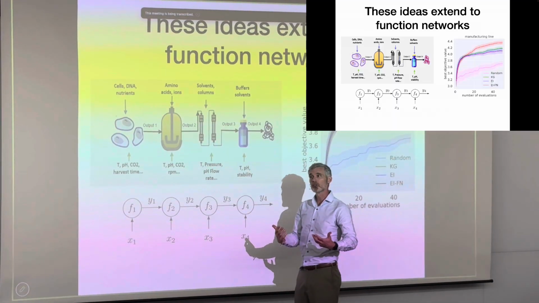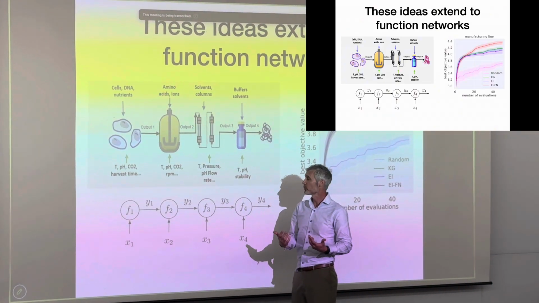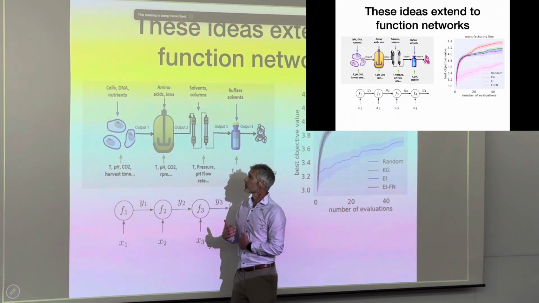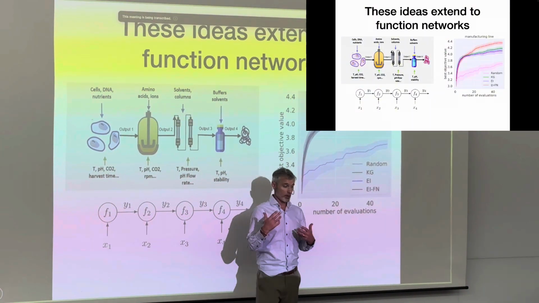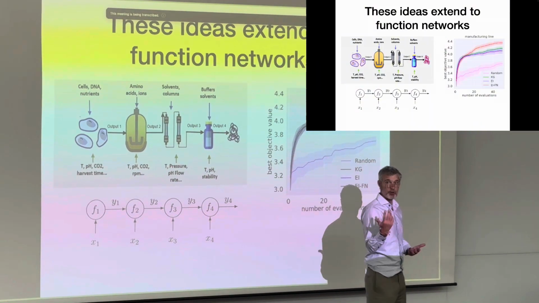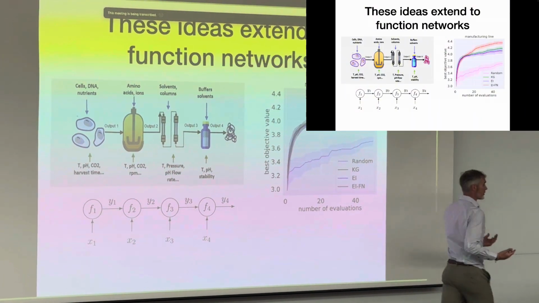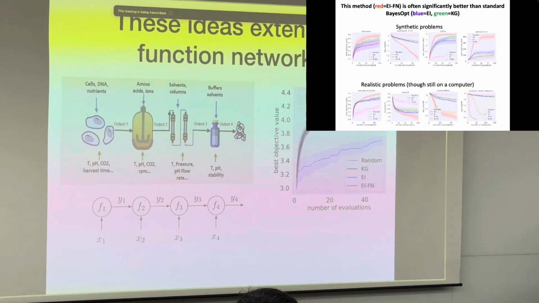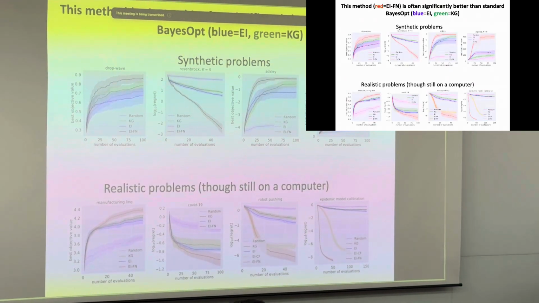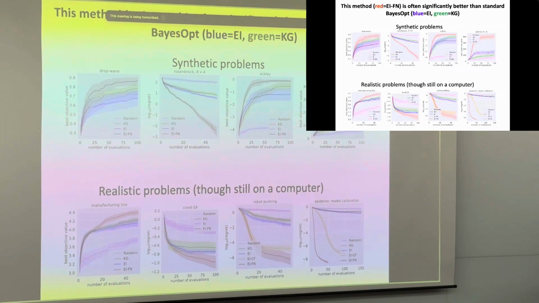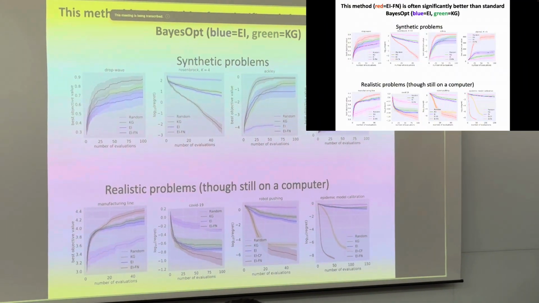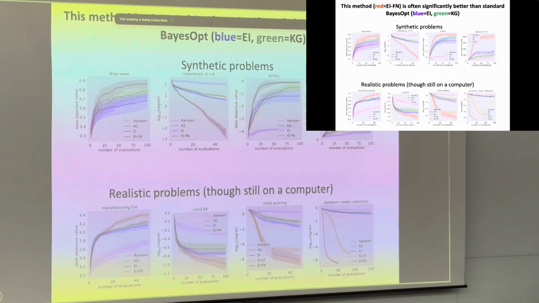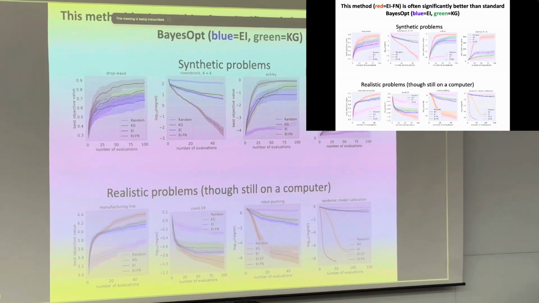In each of those stages, if I'm interested in optimizing my biomanufacturing process, I would be observing things like the amount of protein, the quality of protein, things about the health of my cells.